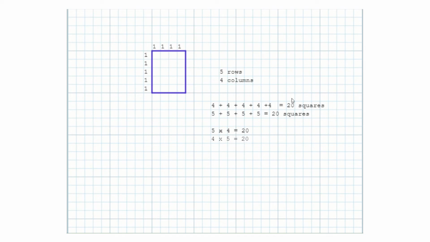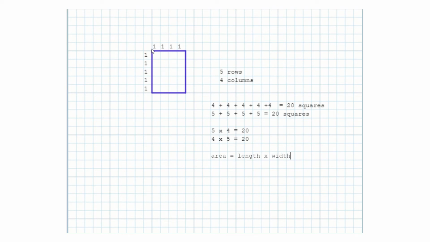Now, here's the key. The area, the amount of space taken up by this rectangle, is 20 squares. In this case, our unit is squares, and so it's taking up 20. And so we found the area by multiplying length, which is how tall it is over here, by width, which is how wide it is.